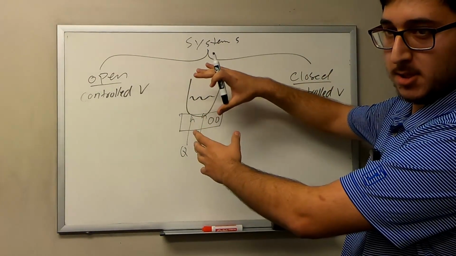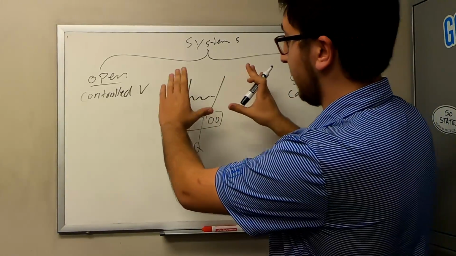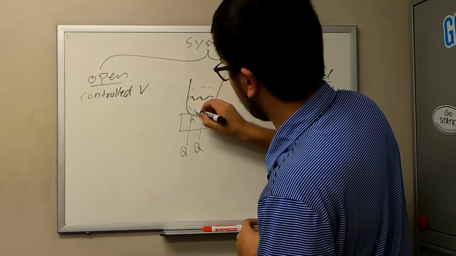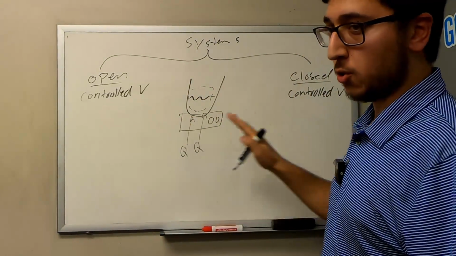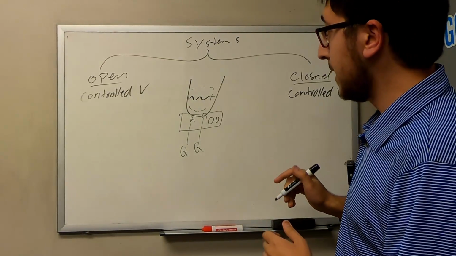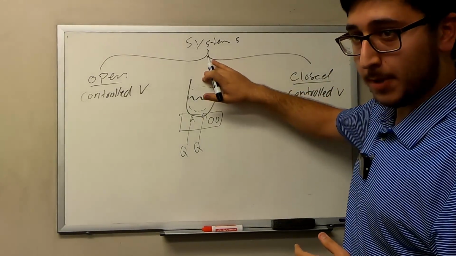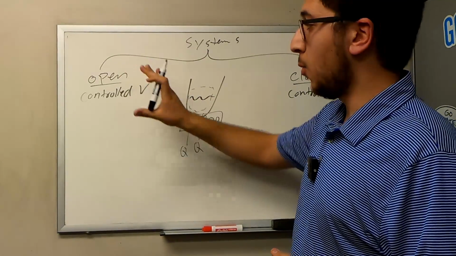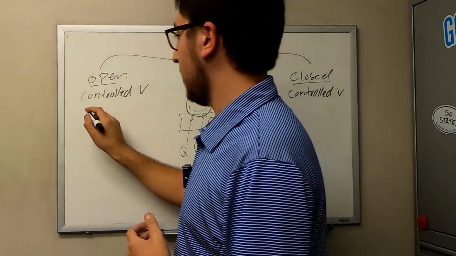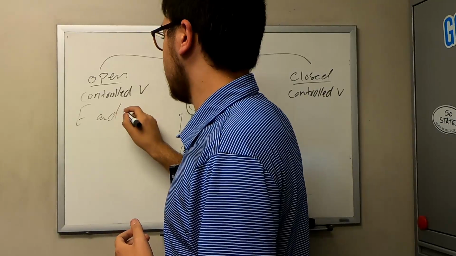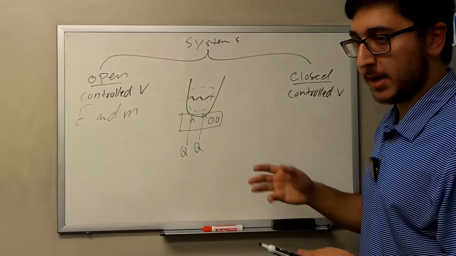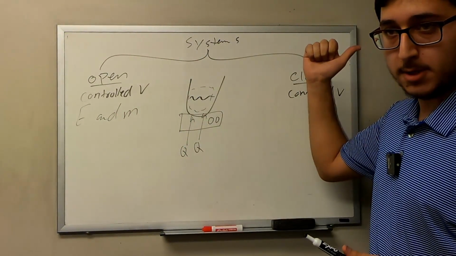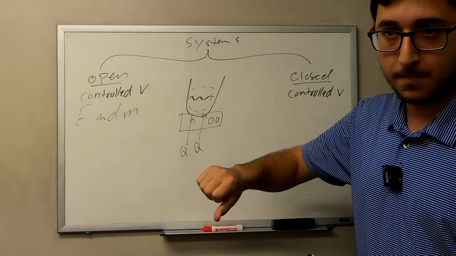This will change the temperature, but the volume of our system, that's what we're analyzing, will stay controlled or constant. So when we have the lid open, or we don't have a lid, that will be considered an open system, where energy and mass can interact with our system. Like we can have mass going out of our system, mass going back into our system.